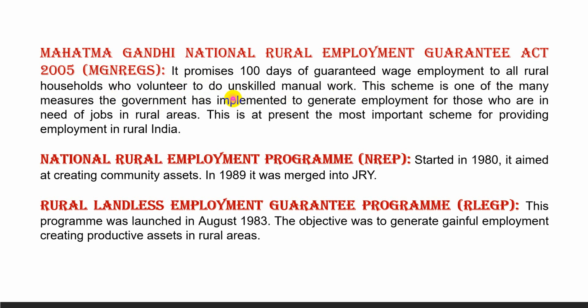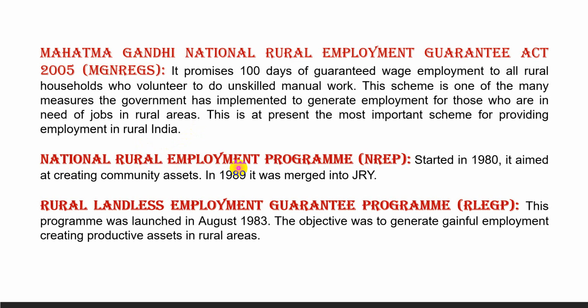This scheme is one of the many measures the government has implemented to generate employment for those who are in need of jobs in rural areas. This is at present the most important scheme for providing employment in rural India. It is also known as MGNREGS or Manrega.